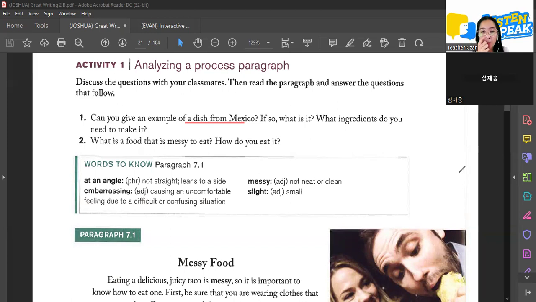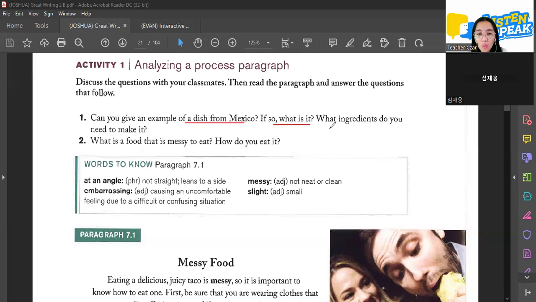Okay. What is kimchi in Korea? Because I know kimchi is a side dish, right? Yes. So kimchi is a side dish in Korea.